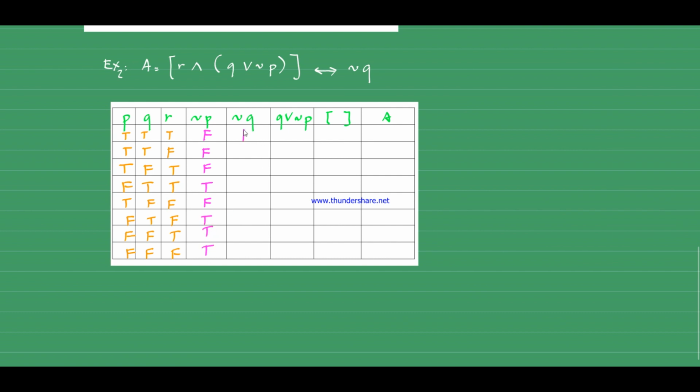Negate Q will be false, false, true, true, false, false, true, true.